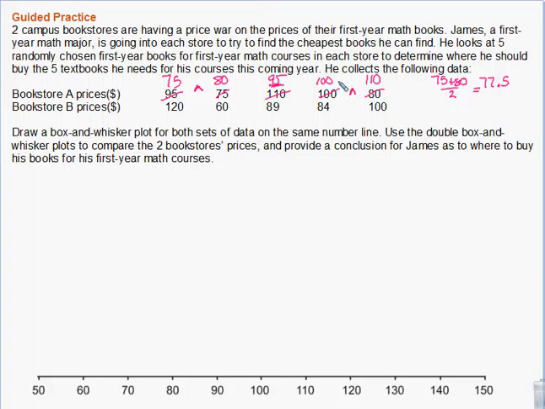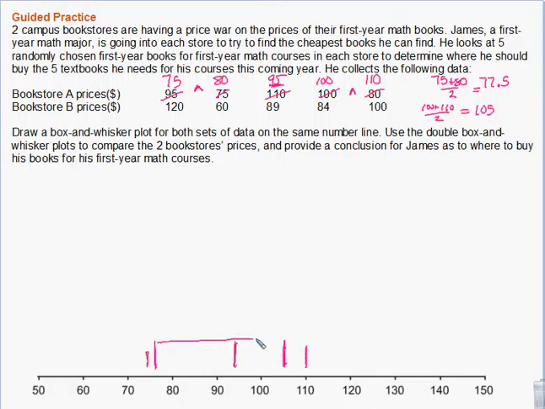And then I need to do 100 plus 110. So 75 is my minimum. Q1 is 77.5. My median is 95. Q3 is 105, and then my maximum is 110.